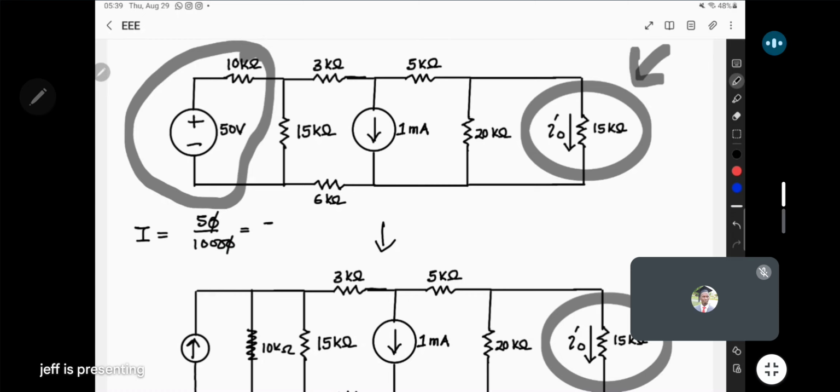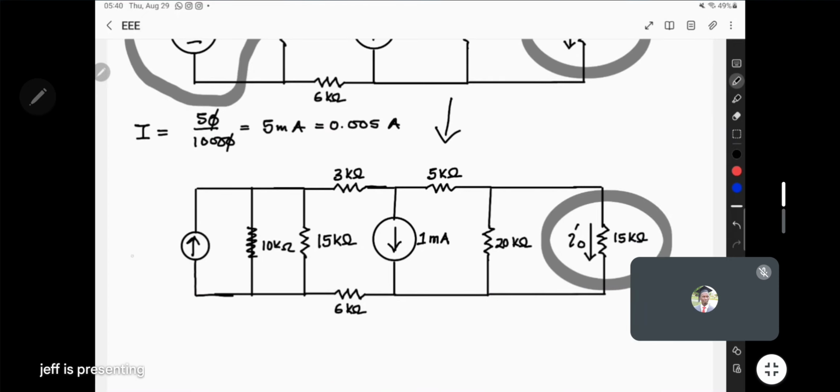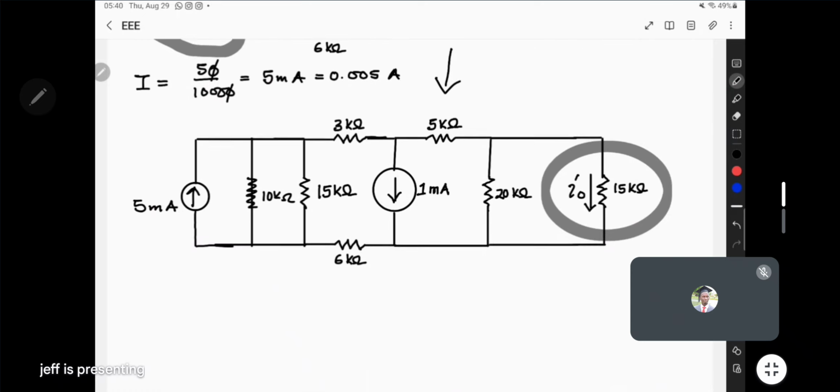So this is just going to be 5 milliamps or 0.005 amps. Whichever you're comfortable with, I'll use the milli. Okay, we're now here.